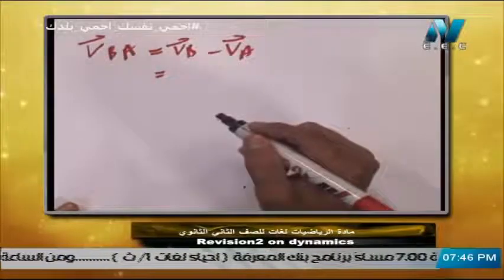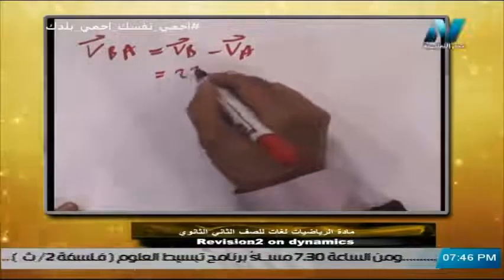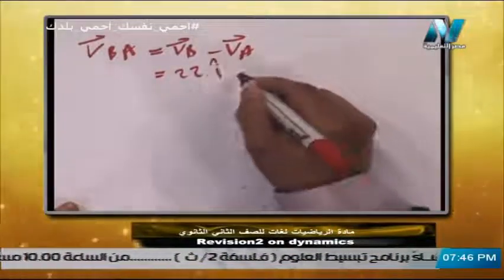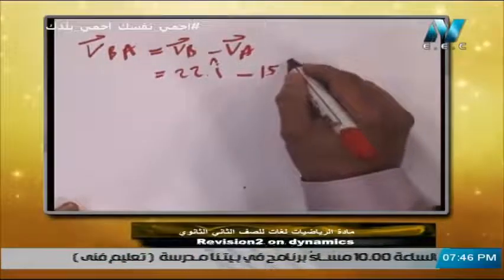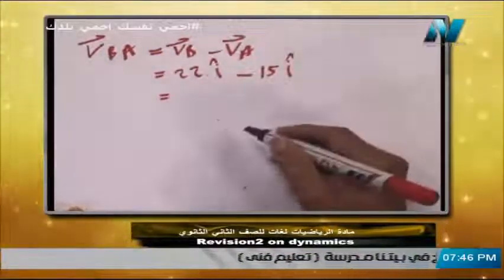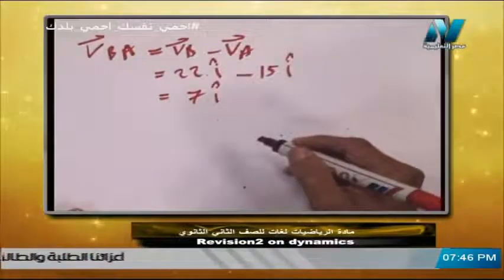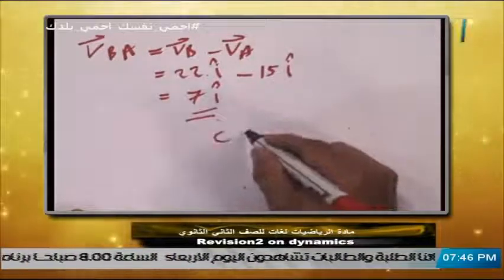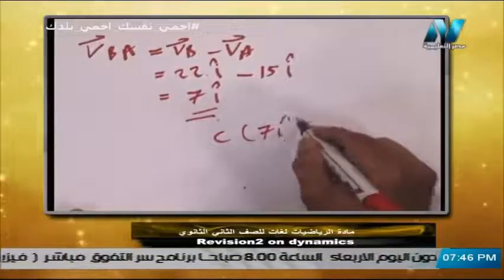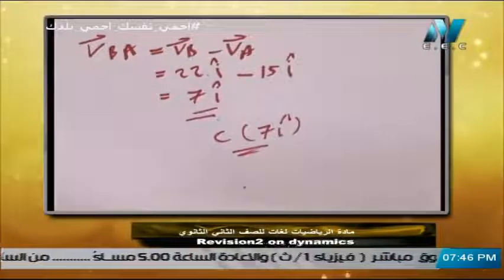So VB here equals 22i minus VA, which is 15i. 22 minus 15, of course, equals 7i, and it is a very easy and simple question. So the answer is C, which is 7i itself. Okay, let's move to another question in the laptop here.